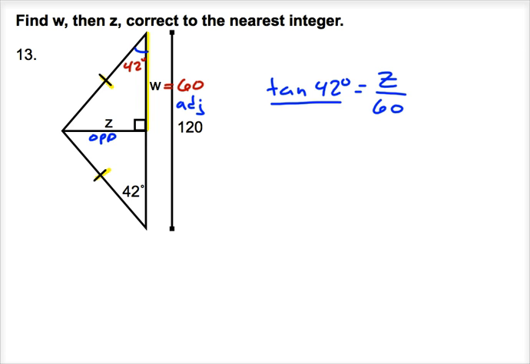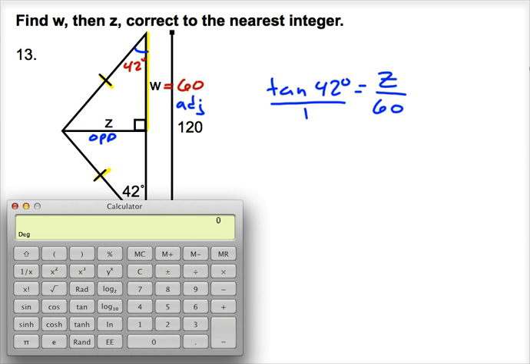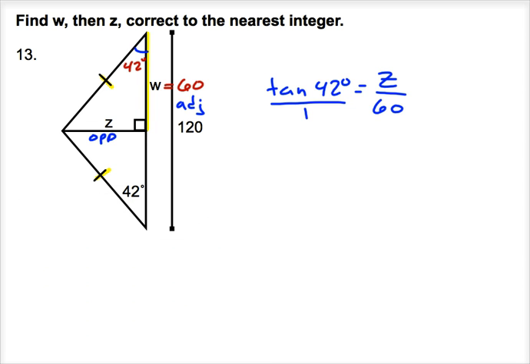And now I'm going to set this up as a proportion. So I need to figure out what the tangent of 42 degrees is. I go to my calculator, type in 42 degrees, hit tangent, and I get 0.9004. So 0.9004 over 1 is going to equal z over 60.